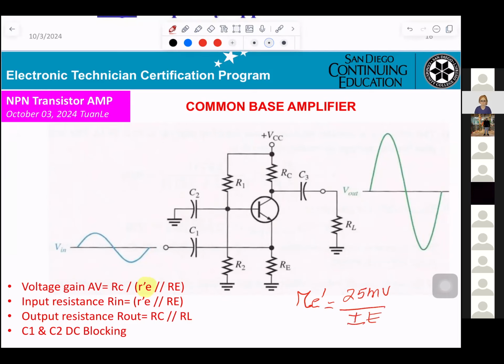That is the formula from the manufacturer for bipolar transistor. Output resistance R out equals RC parallel with RL. RC here.